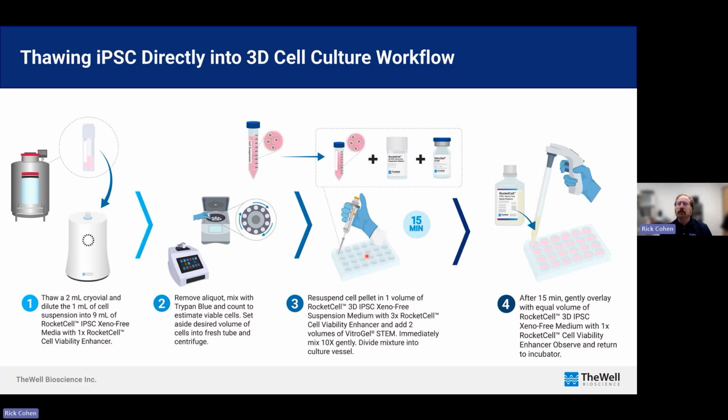So per well, we're talking 100 microliters of cells, 200 of gel, 300. You overlay 300 microliters minimum. You can do more. And that will contain a 1x RocketCell viability enhancer. I always recommend to observe it to see how it turned out, and then put it in an incubator. I'm going to present some images later using the IncuSite S3.